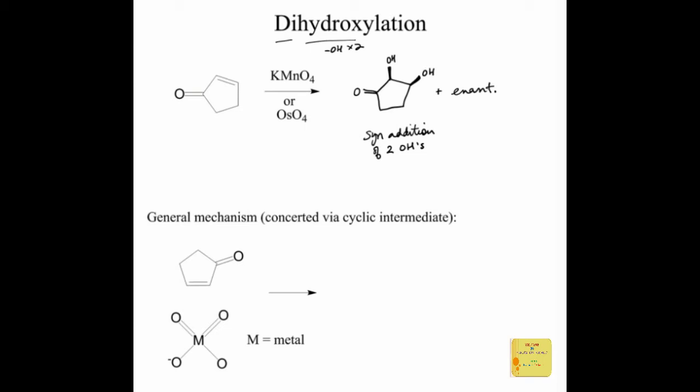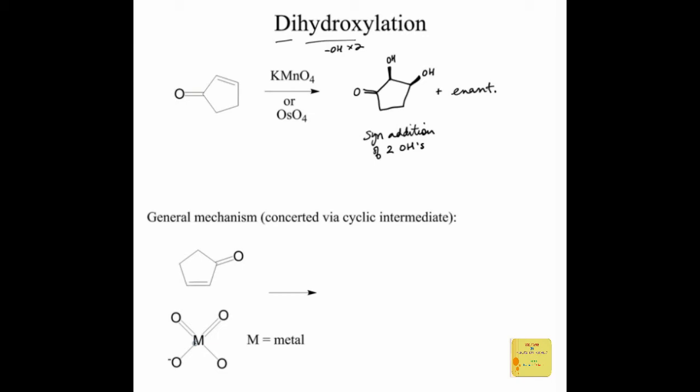Okay, so how do those 2 OHs get added in a syn fashion? Again, just a little bit of a mechanism to give you some background on that, not a detailed mechanism. But if you think of this potassium permanganate or the osmium tetroxide, if you think of either of these reagents as some metal with 4 oxygens, what's going to happen is that metal is going to take 2 of those oxygens and add them at the same time to the double bond.